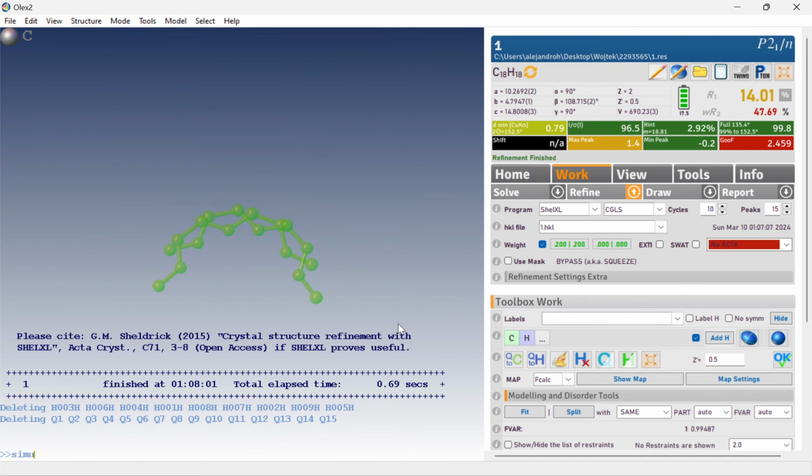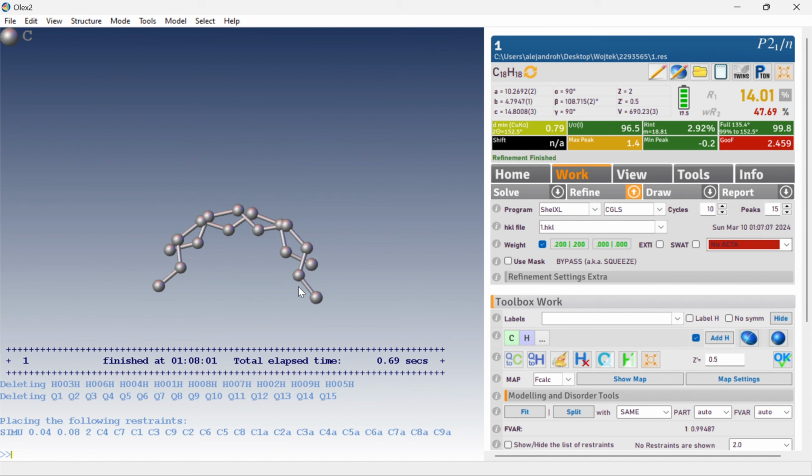So I'm going to use CMU with default value. CMU works based on proximity in space between atoms, so we want to apply it on all of the atoms involved in disorder at the same time, because we want atoms from part 1 that are not connected to atoms from part 2 to also see each other in terms of the CMU restraints. We want to have appropriate displacement parameters between the two parts made similar to each other.